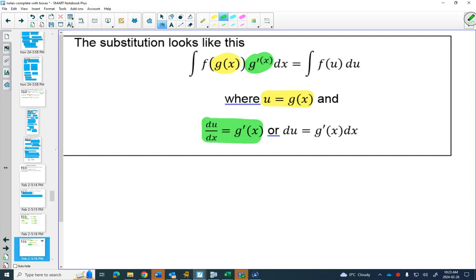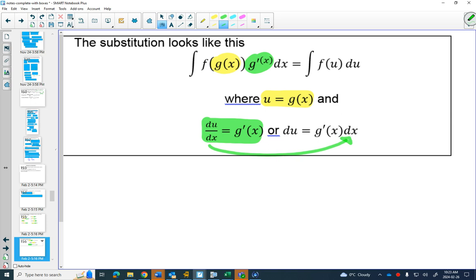However, it's been proven mathematically that this works, even though mathematically what I'm about to do should not be allowed. Okay? What I'm about to do is take the derivative and treat it like it's a fraction. It's not a fraction, but I'm going to treat it like it's a fraction. And I'm going to just take this little dx right here and move it to the other side.